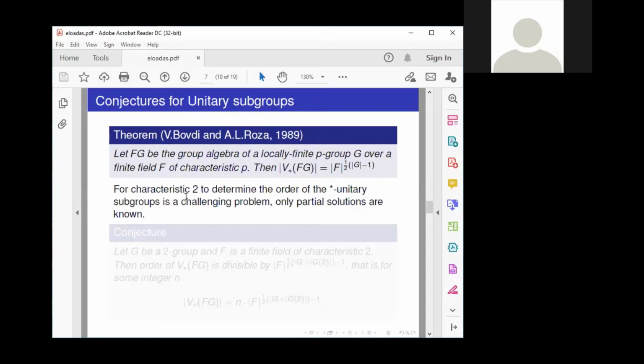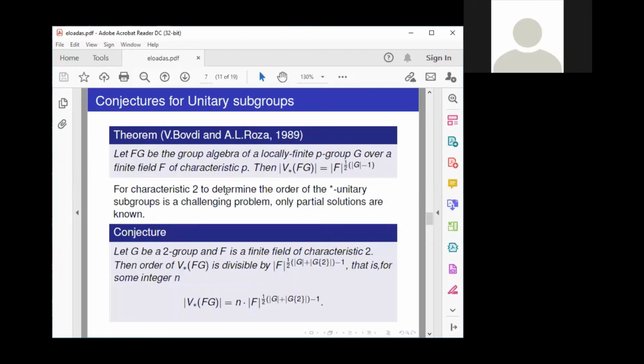Unfortunately, for the characteristic 2 case, this question seems to be a challenging problem and only partial solutions are known. In group algebras, it's not an unusual situation. Typically, the characteristic 2 case seems to be the hardest case. So we have a conjecture in this area.